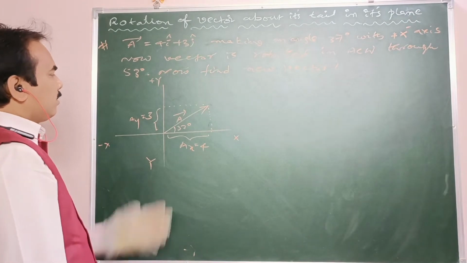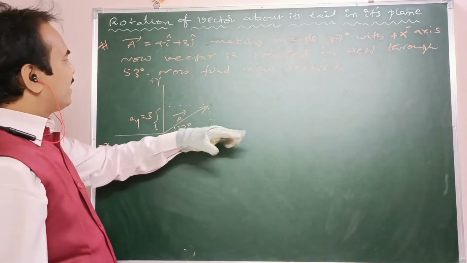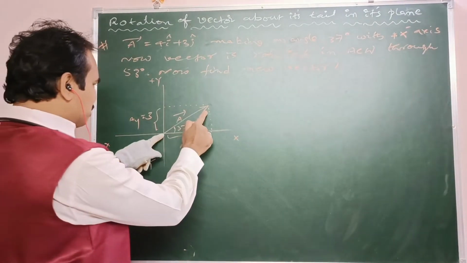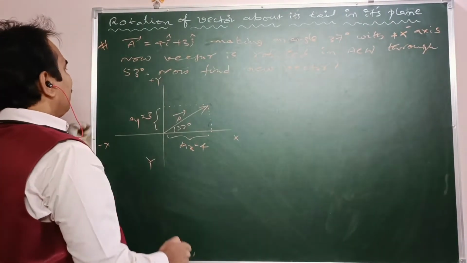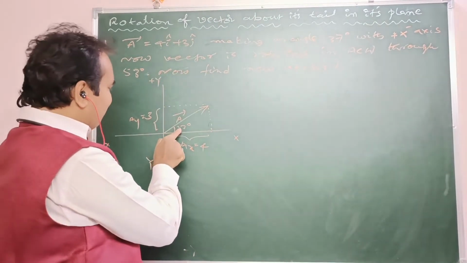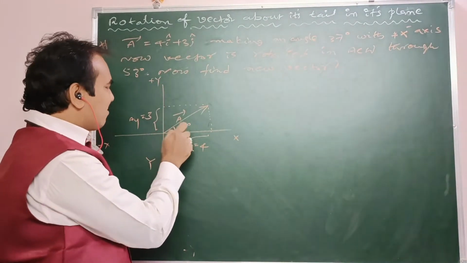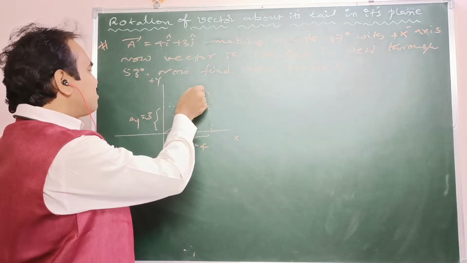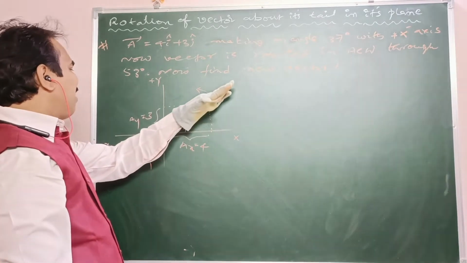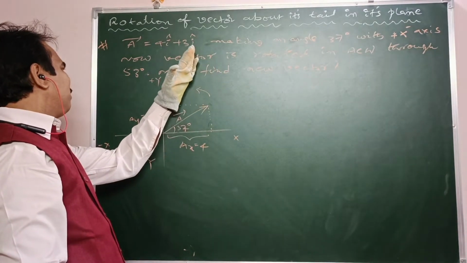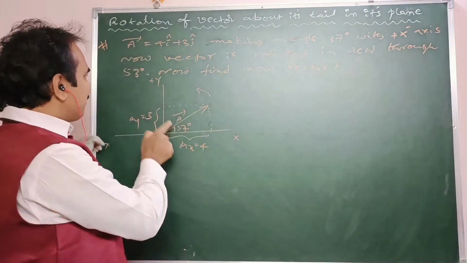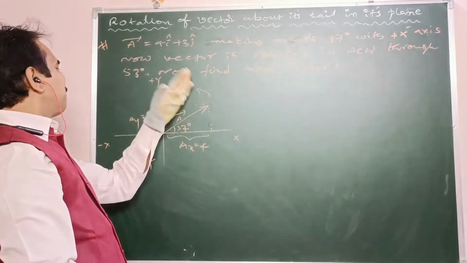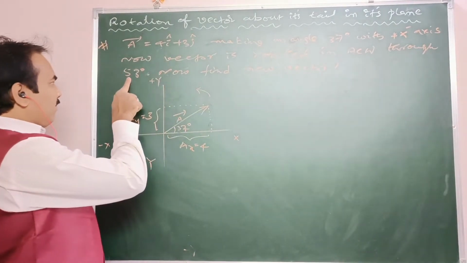From this position, that vector is further rotated through 53 degrees in anti-clockwise sense. Presently it is making an angle 37 degrees with positive x-axis. Now it is further rotated through 53 degrees anti-clockwise, means 53 plus 37 is 90, so exactly it is pointing along the y-axis.